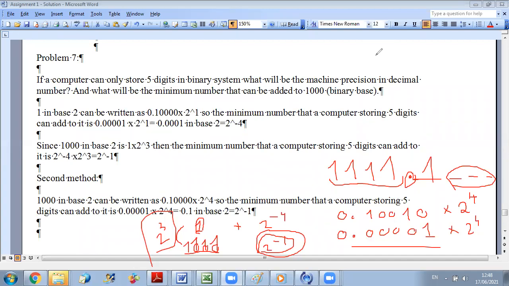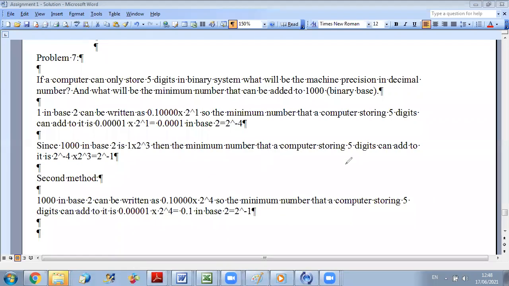Yes, I will repeat the minimum number to add. Look, the idea is: what does it mean, the minimum number to add? If I add any other number that is smaller, the computer cannot read it. It cannot read it. Okay? I have 5 digits, and I have several methods to know what is the minimum number. If I give you an example, say what is the minimum number to add to 1100 when the computer has 5 digits.